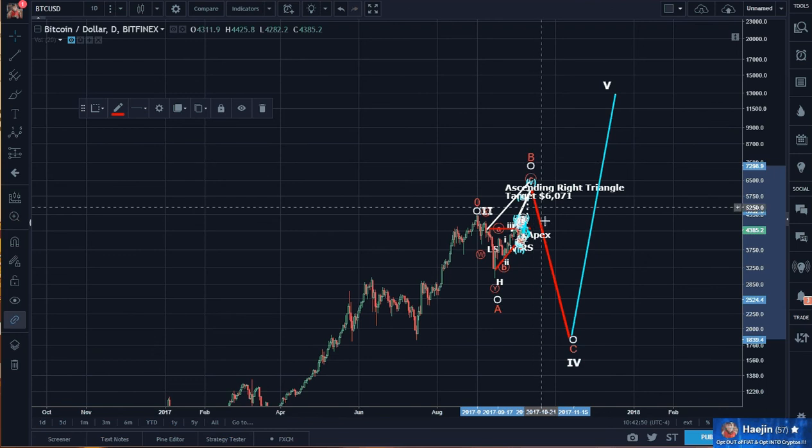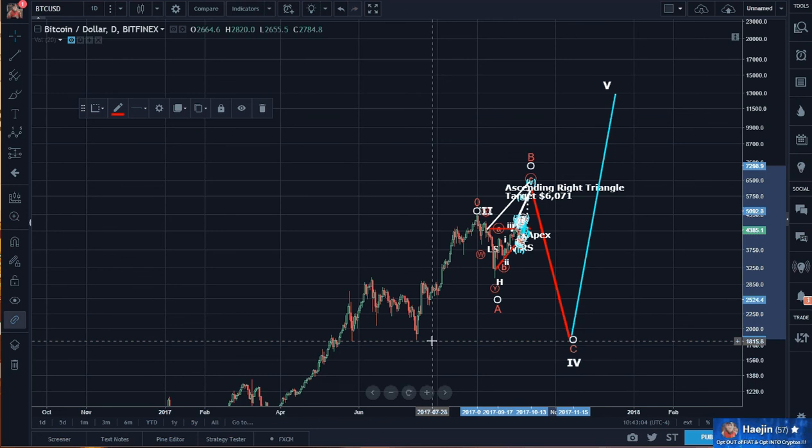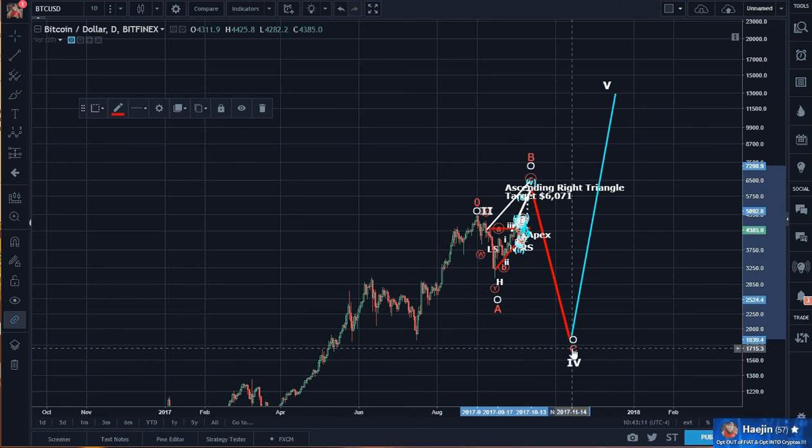And then we get a sizable, scary, fear-mongering decline beyond the point of A. This is when we will go to maybe 2,000, 2,500, maybe even spike below 1,800 or so. And then it'll pick itself up as usual, like Bitcoin always does, and just start again and trek upwards to 13K or so.